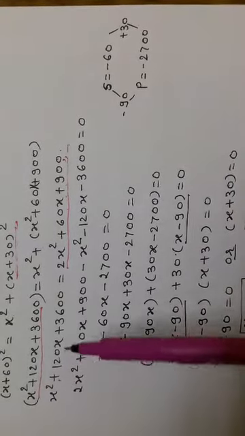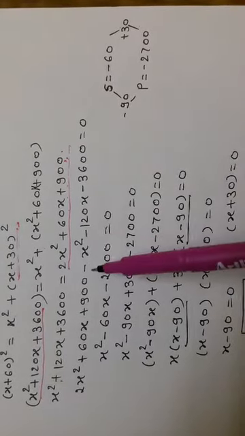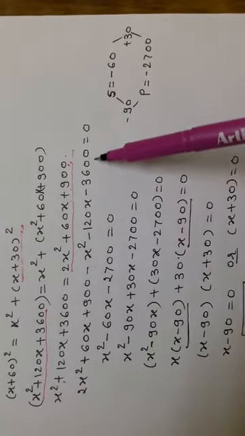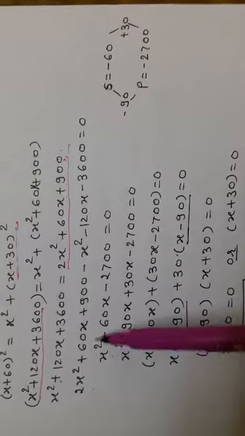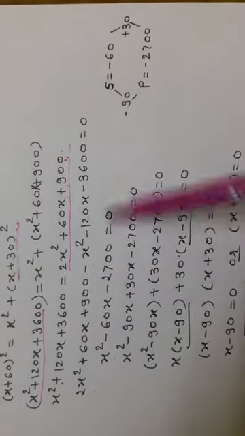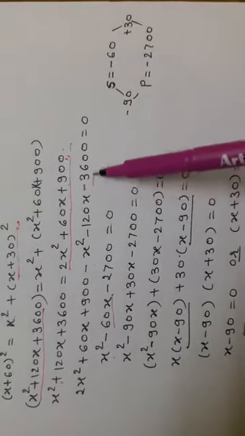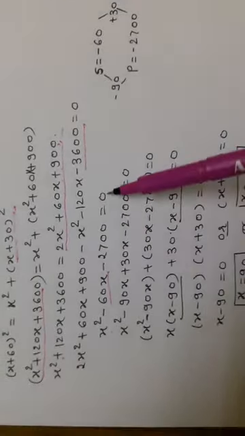When all the left hand side terms go to the right hand side, they will be minus: x square minus 120x minus 3600 is equal to 0. 2x square minus x square means 1x square. 60x minus 120x means minus 60x. Plus 900 minus 3600 means minus 2700, is equal to 0.